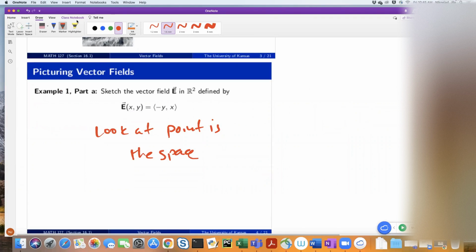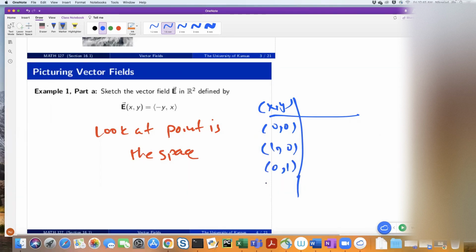For example, I'm going to give myself a bunch of points in this space: X and Y to be 0, 0, then 1 and 0, 0 and 1, 1 and 1, a whole lot of those, right?